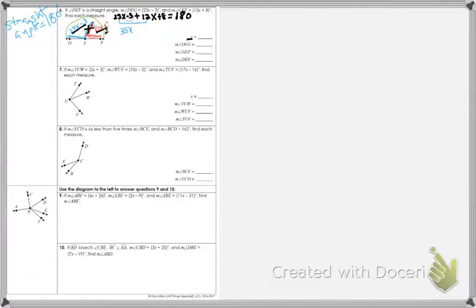Then I'm going to combine the 3 and the 8, and I'm going to get 5. All of that equals 180. I'm going to minus the 5 to get rid of them on that side, and I'll get 35x is equal to 175. And then it is a division problem. So what is 175 divided by 35? Well, x equals 5.